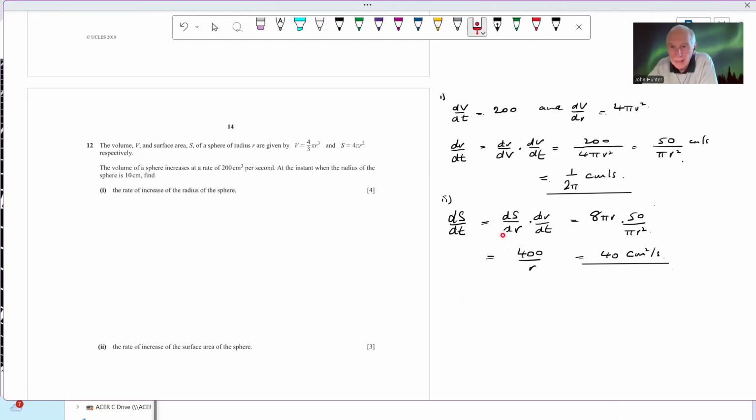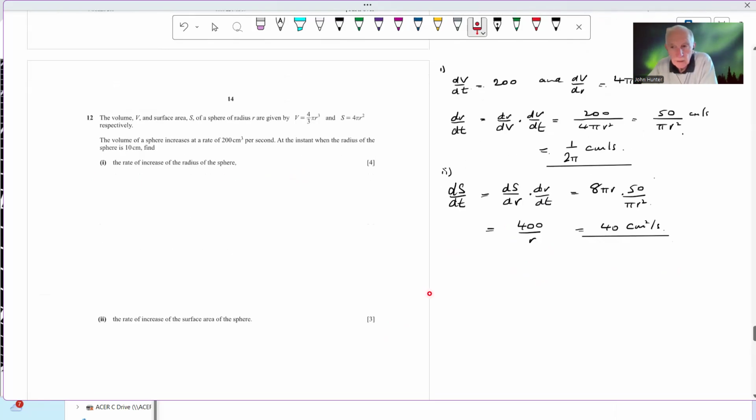So 8 pi r times 50 over pi r squared is going to give us that. Again, we're doing both of these parts when the radius of the sphere is 10. So it's 400 over 10, which is 40 square centimeters per second.